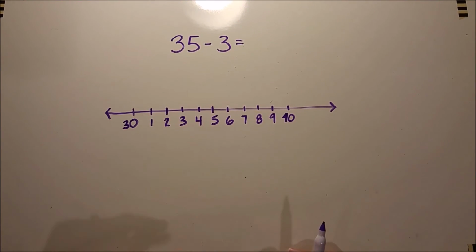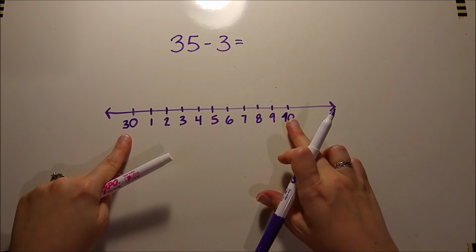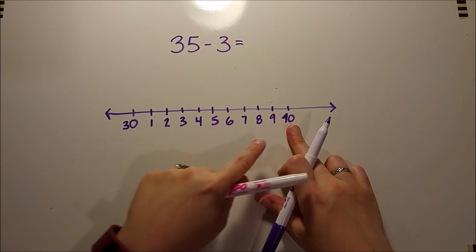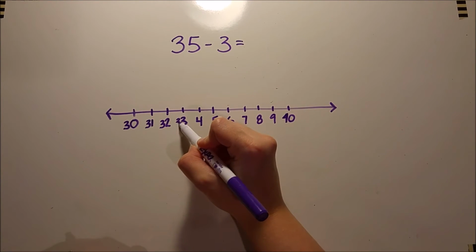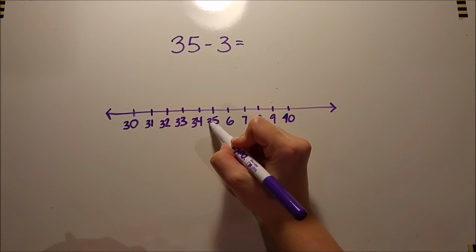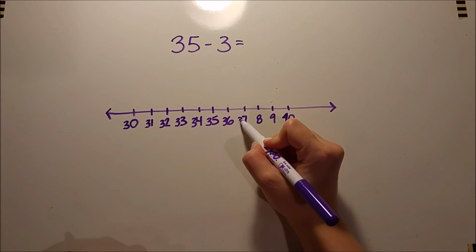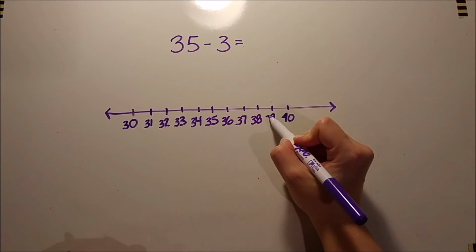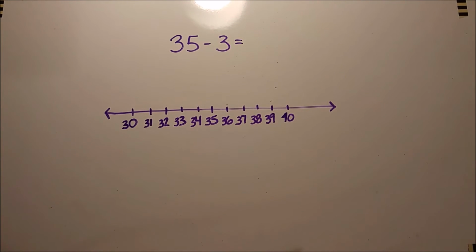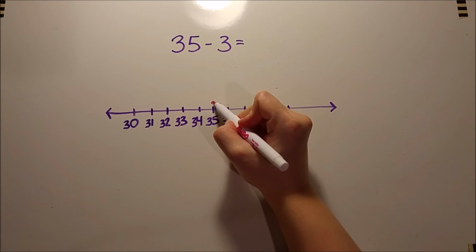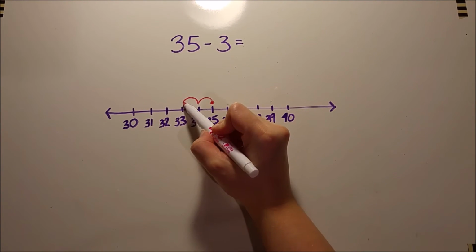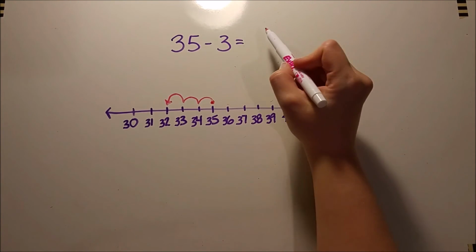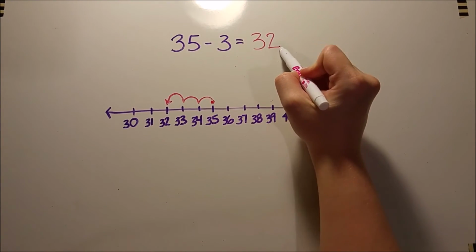Because 35 is between 30 and 40. So that would make these now 31, 32, 33, 34, 35, 36, 37, 38, 39, and there's 40. So we will start with our 35 minus 3. 1, 2, 3. We land at 32.